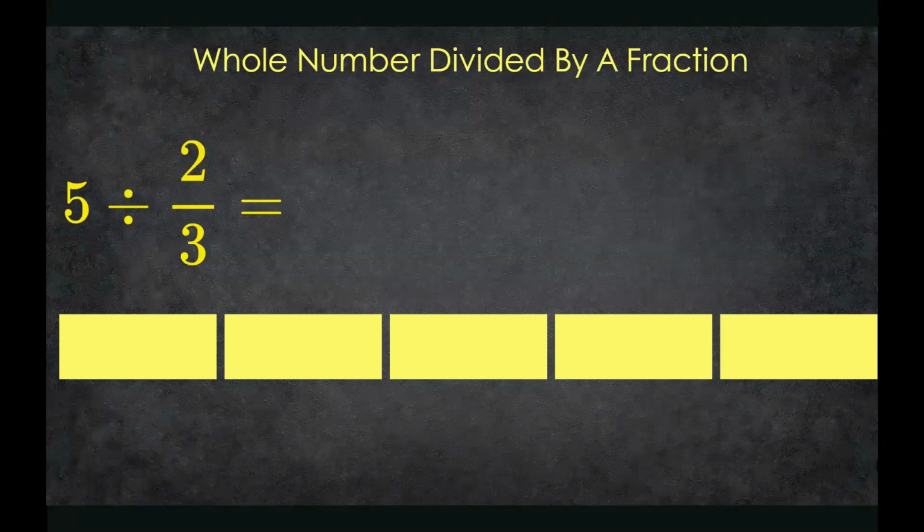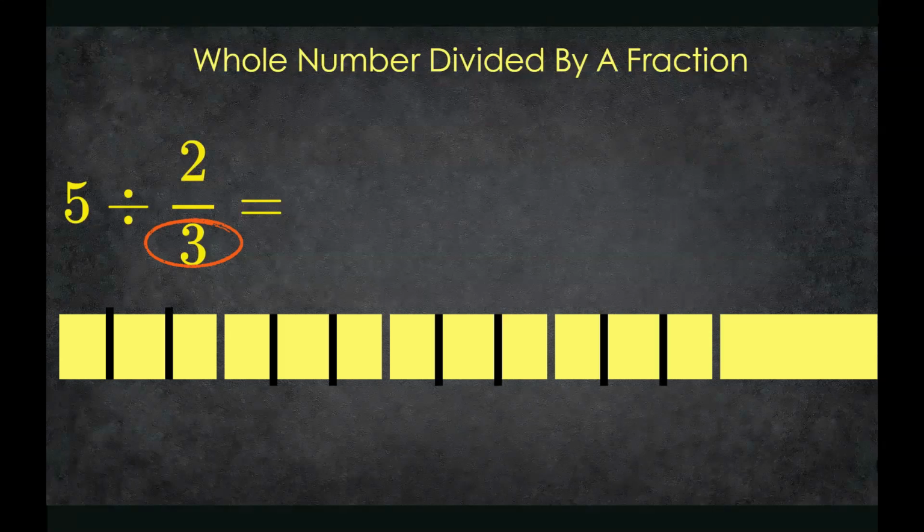I'm going to be splitting them into thirds, and I can tell that by looking at the denominator. Now I'm going to look at the numerator because that tells me how big a group is. A group is going to consist of two parts, or 2/3. So now all I have to do is count how many groups of 2/3 I can make with these 5 wholes.